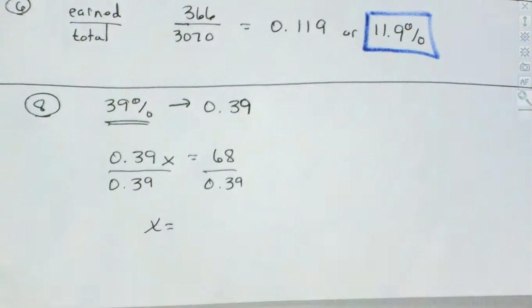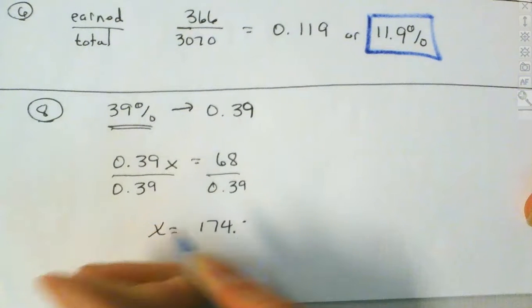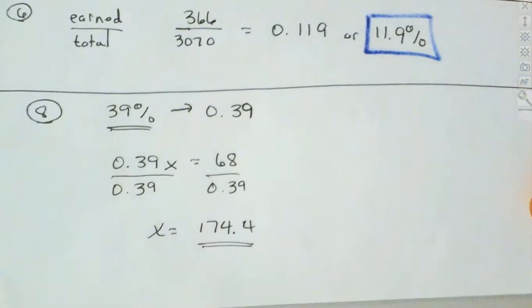We've got 68 divided by 0.39. And that doesn't say how far to round. We'll just round here to the nearest tenth. So it's going to be 174, right? If we round, 0.4. Now, how can I check that?